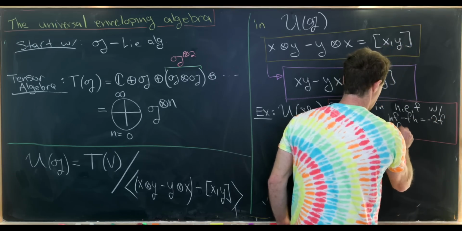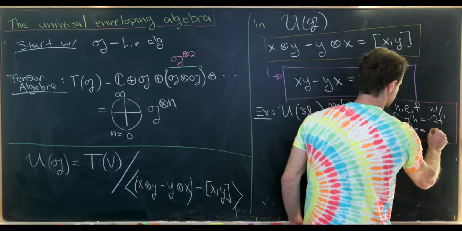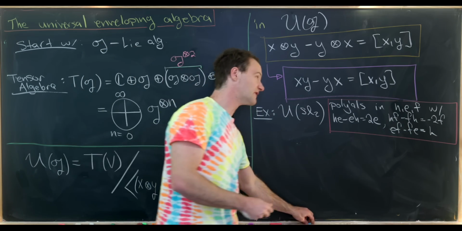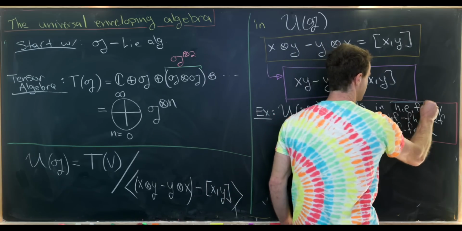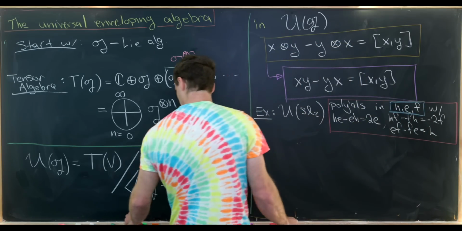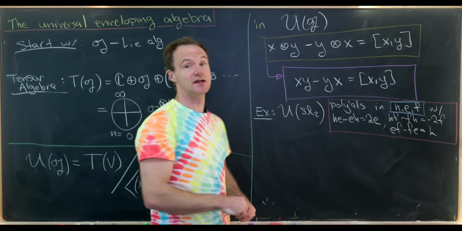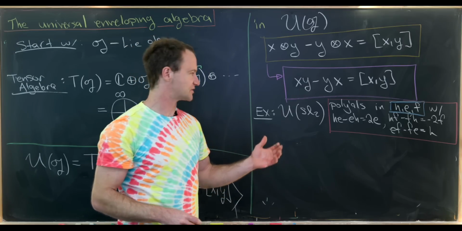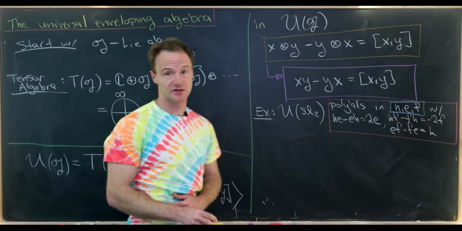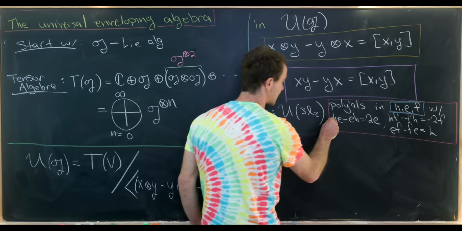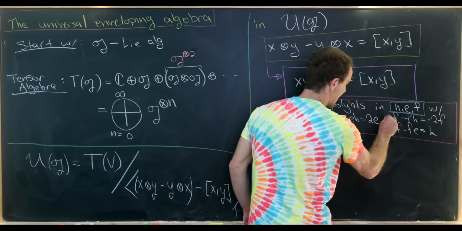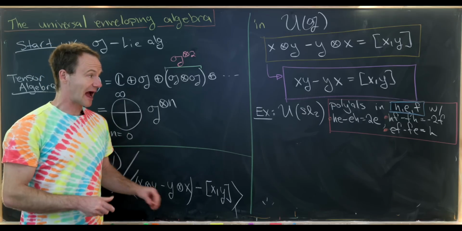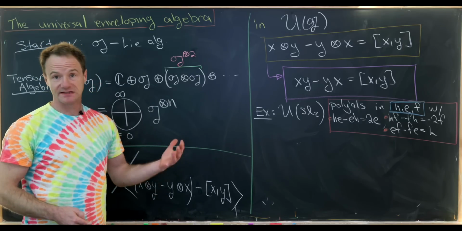And then EF minus FE is equal to H. So in other words, we have a polynomial in 3 variables. Those 3 variables are H, E, F. But that polynomial algebra is not commutative. It's a little bit of a misnomer to call it a polynomial algebra. It's in fact a universal enveloping algebra. So this space is not commutative, but it has a lack of commutativity defined by the bracket relations from SL2 itself.